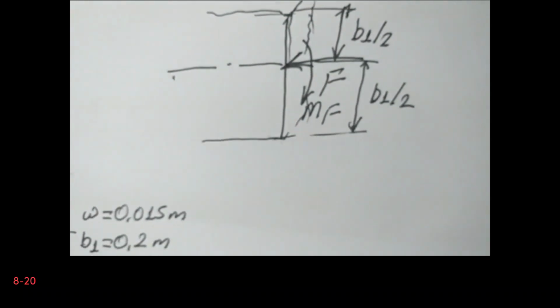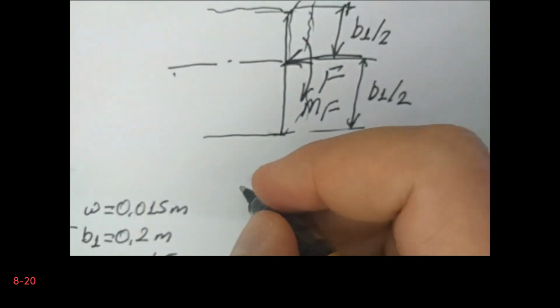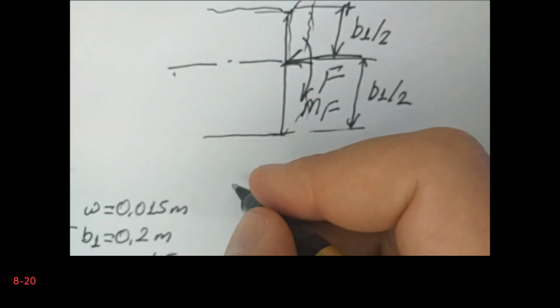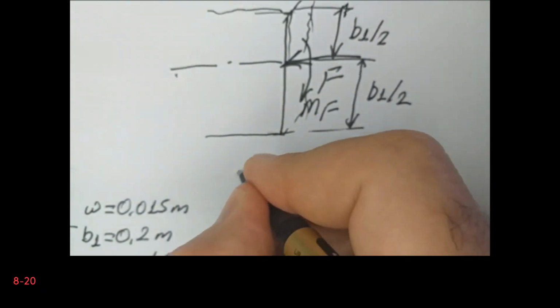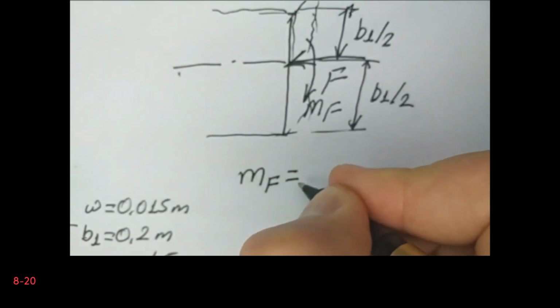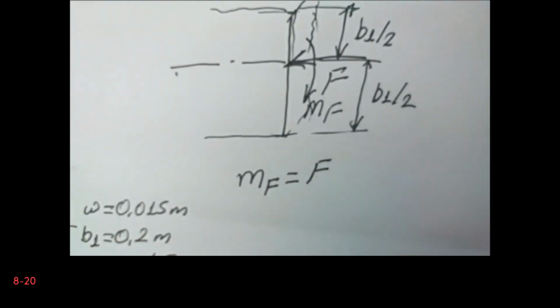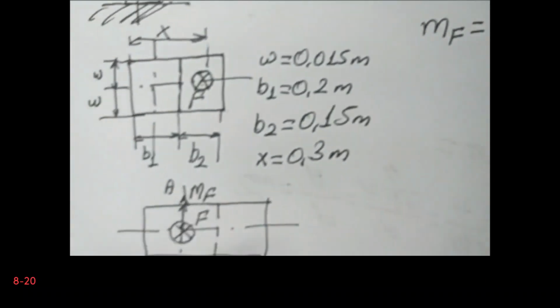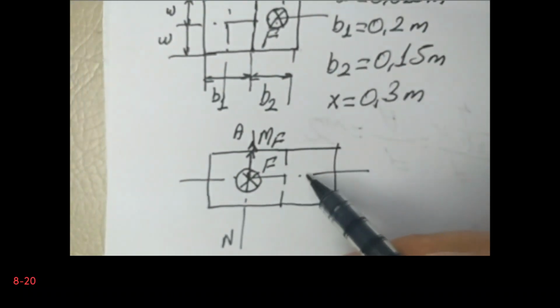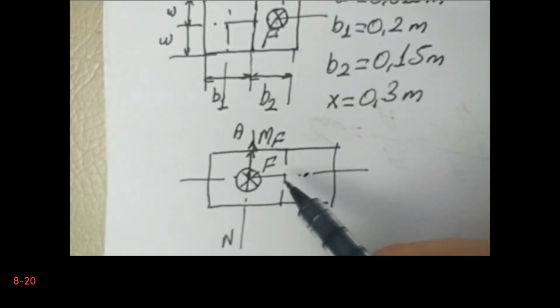Now what we need to do is to calculate the bending moment MF. Bending moment MF is F times the distance. Now we will transfer the force from here, which is X, to B1 divided by 2.